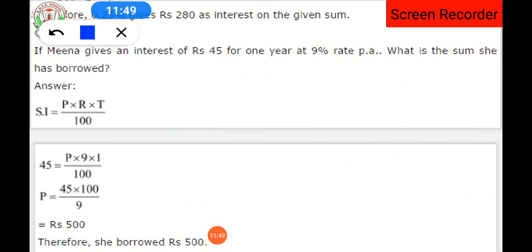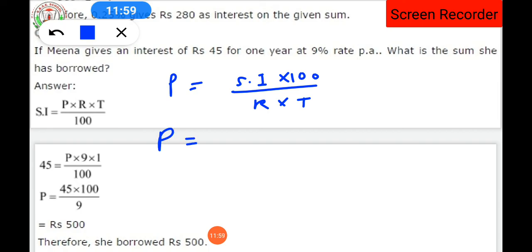Now if we are having the formula for principal, that is SI into 100 upon rate into time. So principal we have to find, SI is 45 rupees into 100 upon rate is 9 into time is given as 1 year.